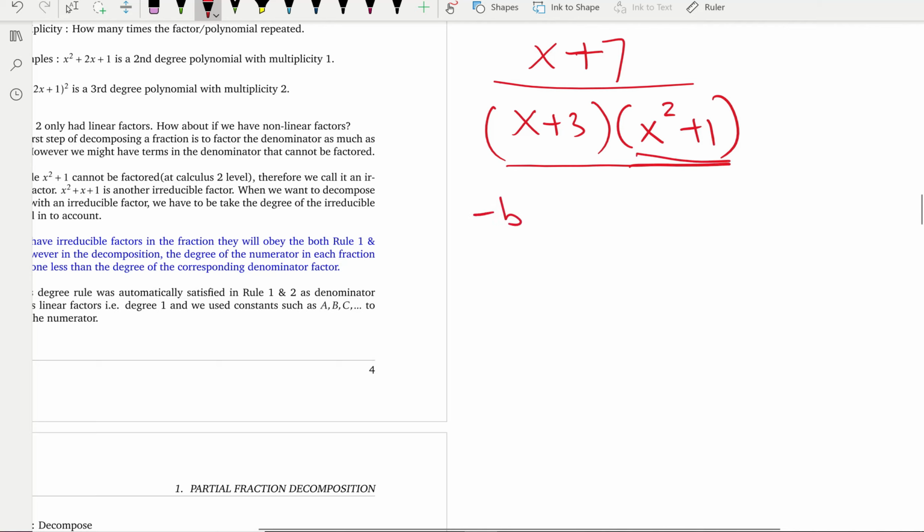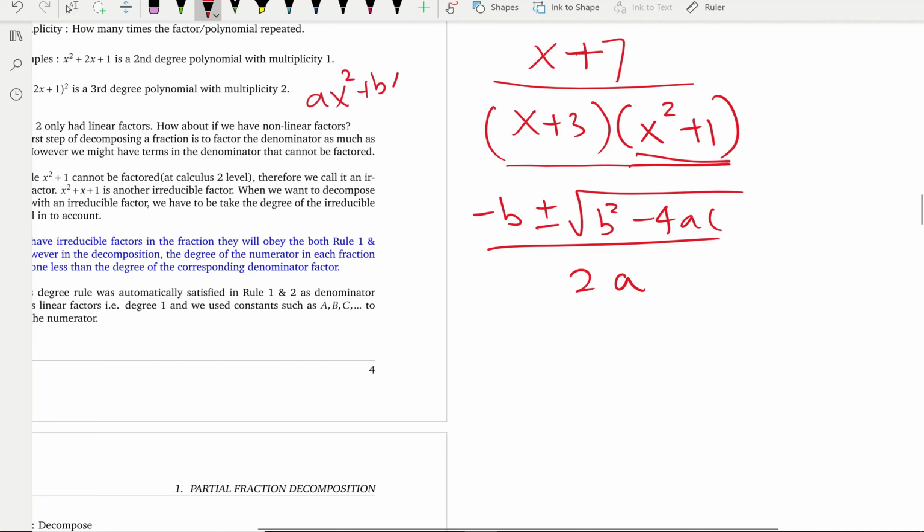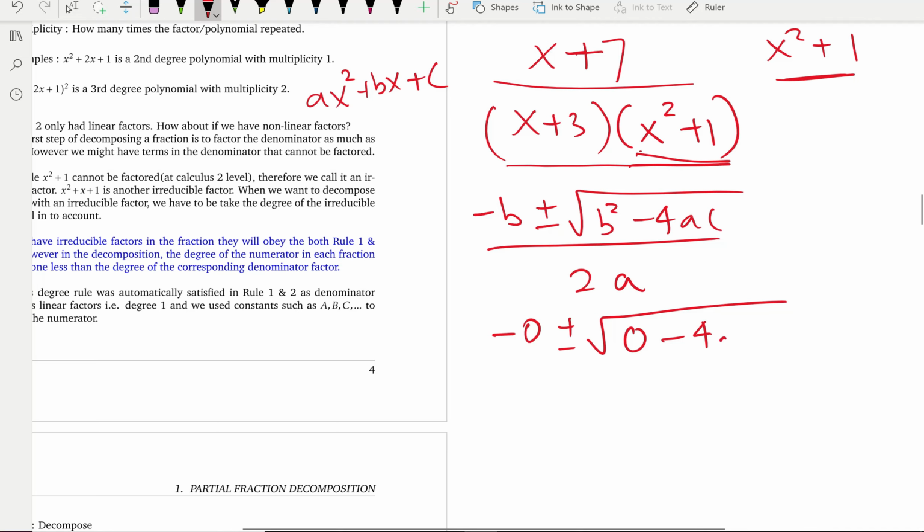The quadratic formula is minus b plus or minus the square root of b squared minus 4ac, over 2a, for ax squared plus bx plus c. Now here b is 0, because in x squared plus 1 there's no x term, so the coefficient of x is 0. So minus 0 plus or minus the square root of 0 squared minus 4 times a, which is 1, times c, which is 1, over 2.